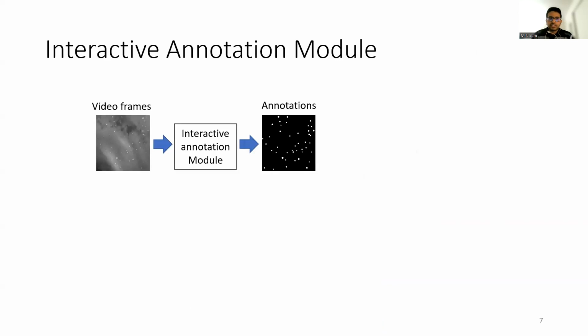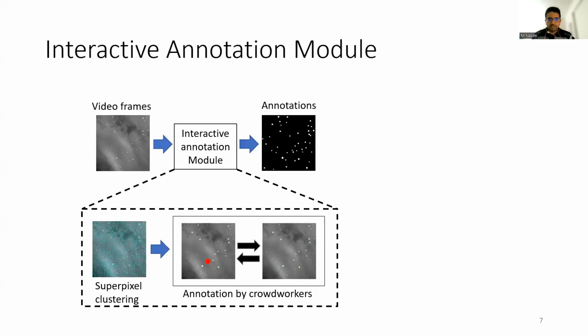The interactive annotation module takes an experimental video frame and then outputs a pixel-wise annotation of material defect in the frame. To do so, we first segment the original video frame into superpixels using simple linear iterative clustering. A human user then can select the superpixels corresponding to the material defect by clicking and erasing the original image through an interactive interface.